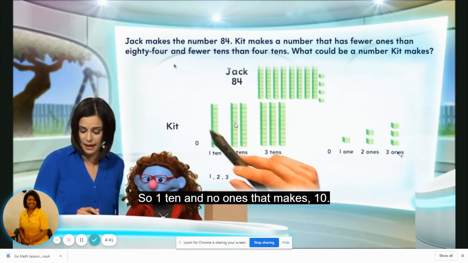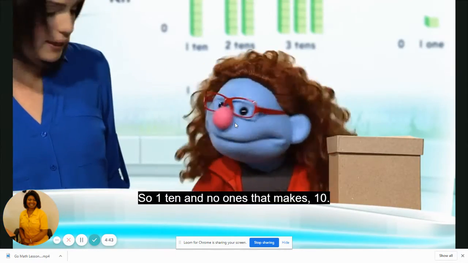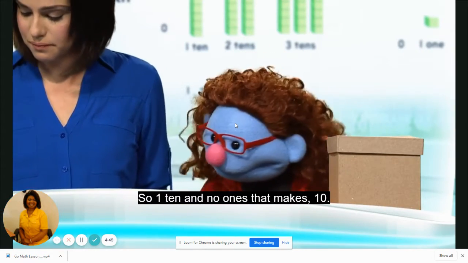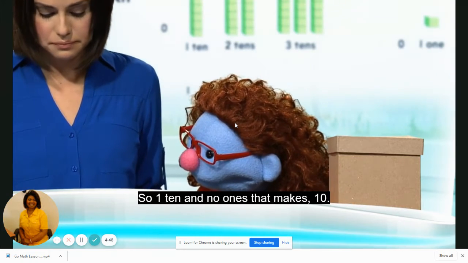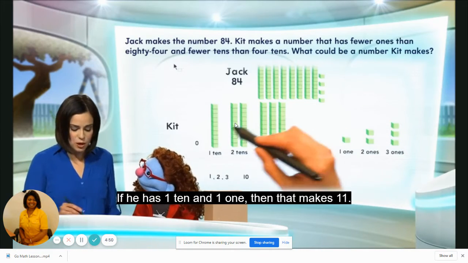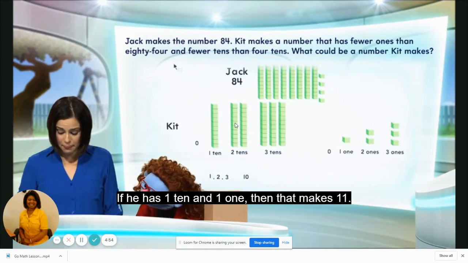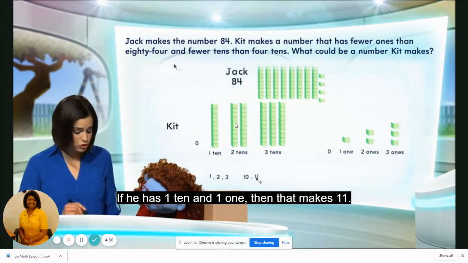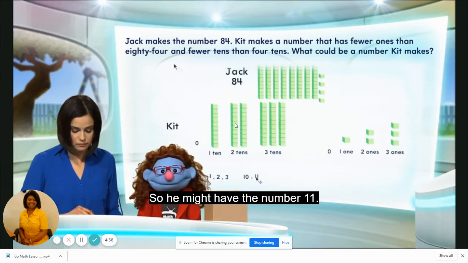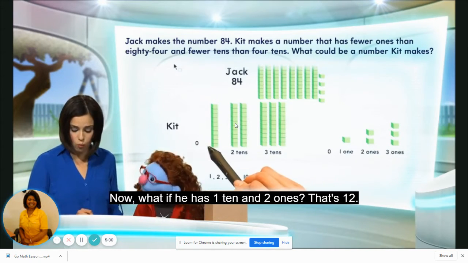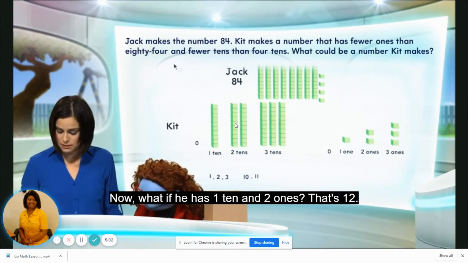So 1 ten and no ones, that makes 10. If he has 1 ten and 1 one, then that makes 11. So he might have the number 11. Now, what if he has 1 ten and 2 ones?